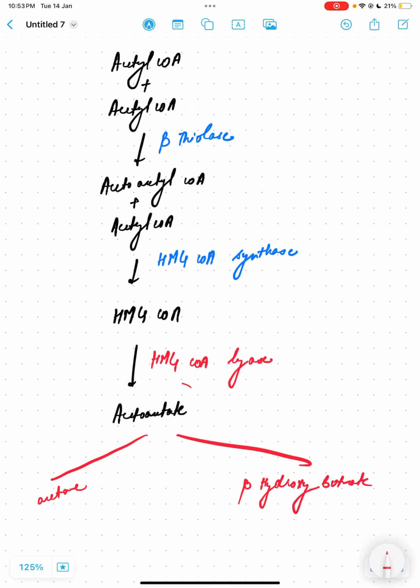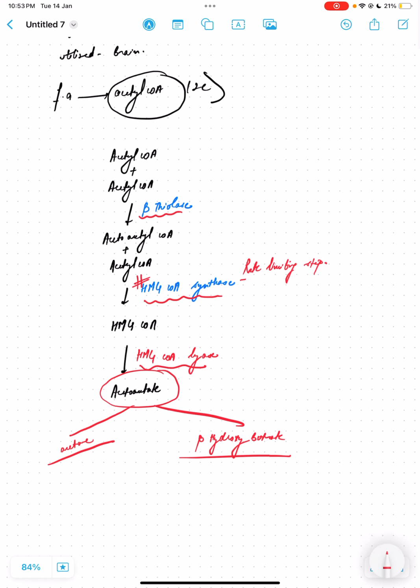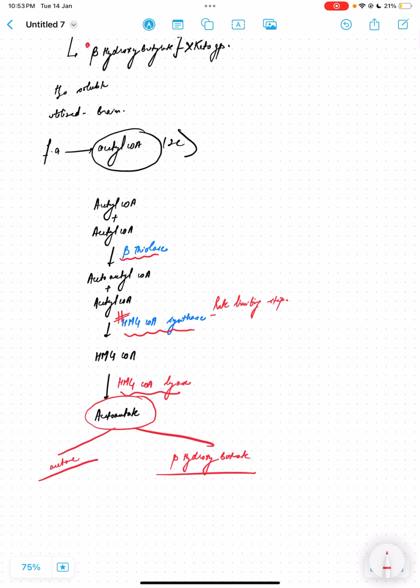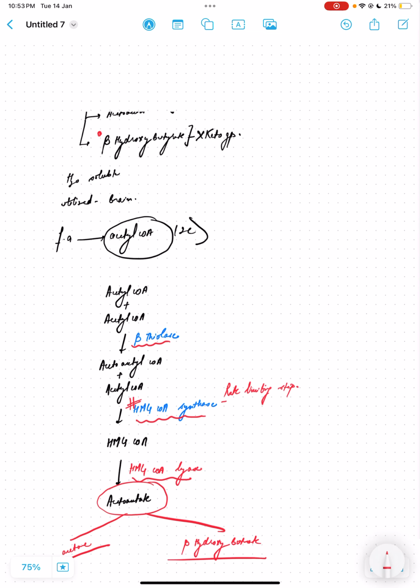So that's how first acetoacetate is formed, and further it forms acetone and the beta hydroxybutyrate. You should remember these enzymes involved in the various steps, and most importantly, this HMG coenzyme A synthase is the rate limiting step. Okay, so this was how the acetoacetate was first formed, rather than acetone and the beta hydroxybutyrate.